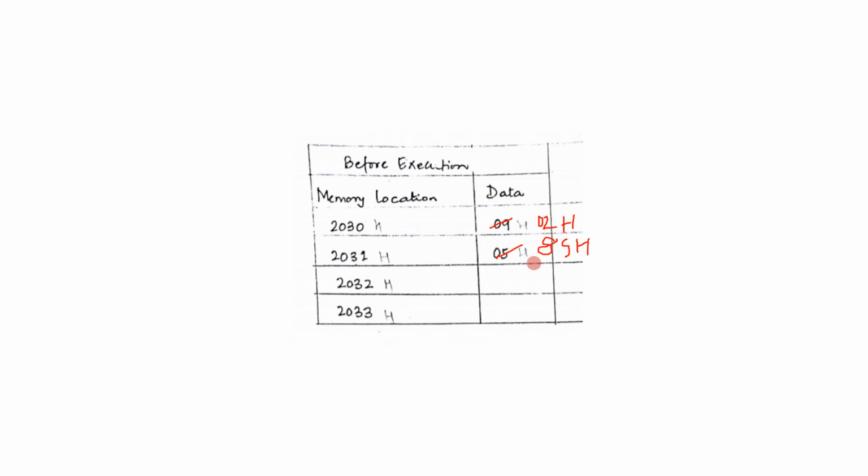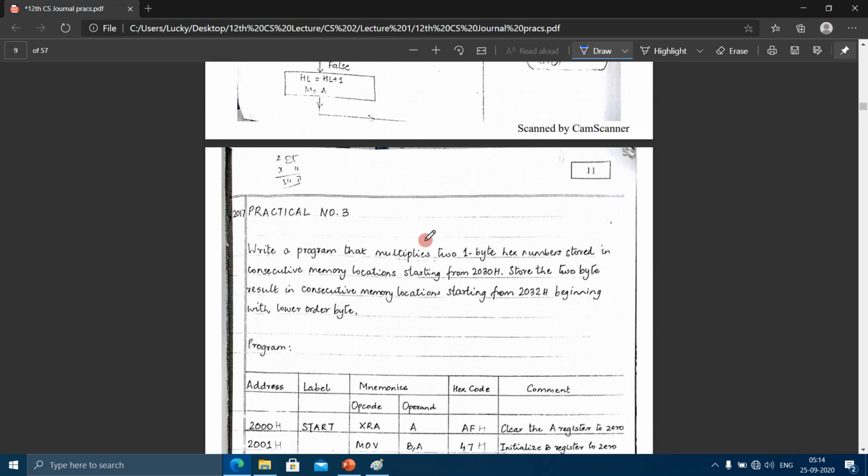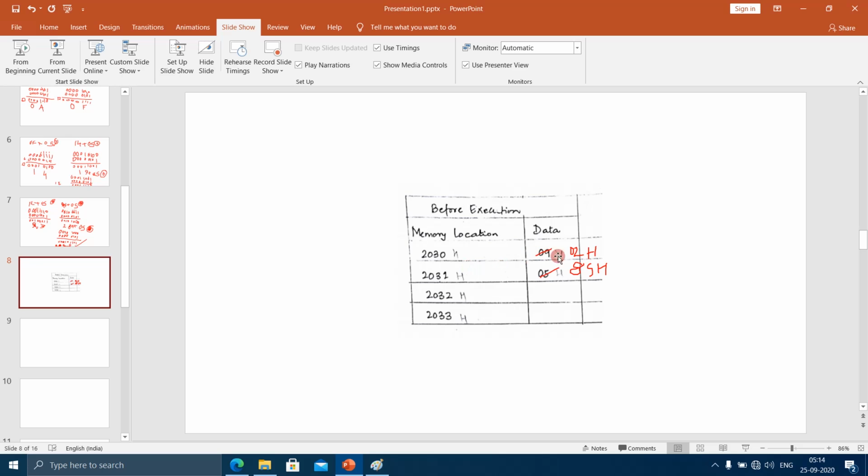The question will remain the same, that I have to multiply two 1 byte hex numbers. So these are the two 1 byte hex numbers, 85 and 02. We have to multiply these two 1 byte hex numbers stored in consecutive memory locations starting from 2030.